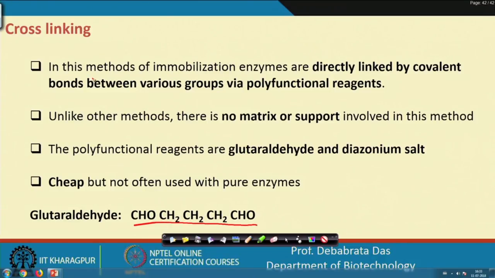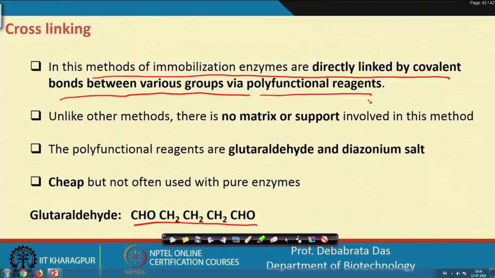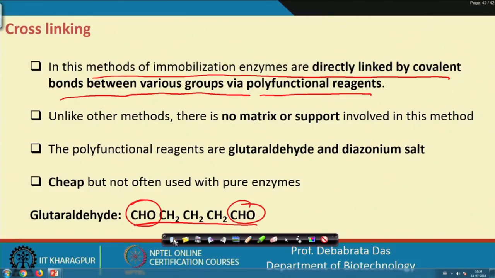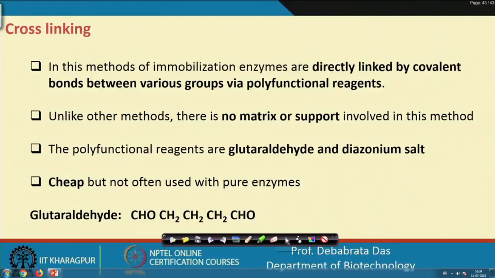In this method, the immobilized enzyme is directly linked with covalent bonds between the various groups and a polyfunctional reagent. Glutaraldehyde has two aldehyde functional groups, so one amino acid is held on one side and another amino acid on the other side. This is how cross-linking takes place.